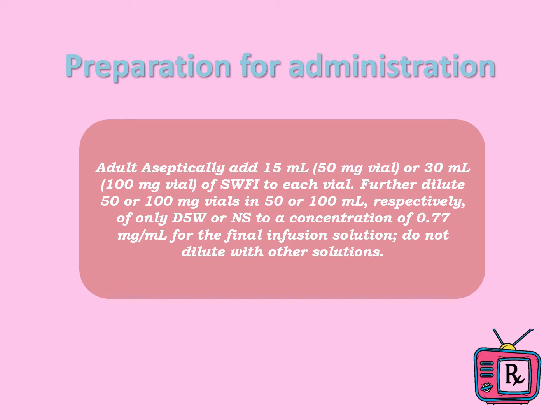Further dilute the 50 or 100 milligram vials in 50 or 100 milliliter, respectively, of only dextrose or normal saline, for a concentration of 0.77 milligram per milliliter for the final infusion solution. Do not dilute with other solutions.